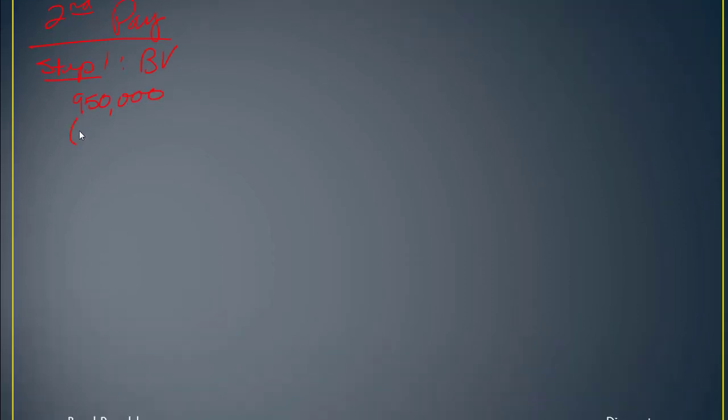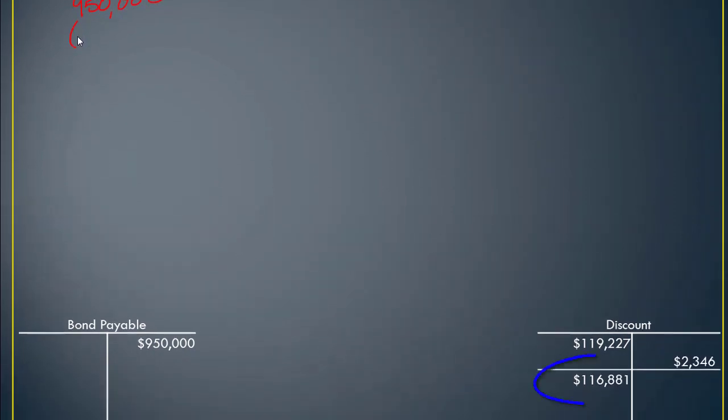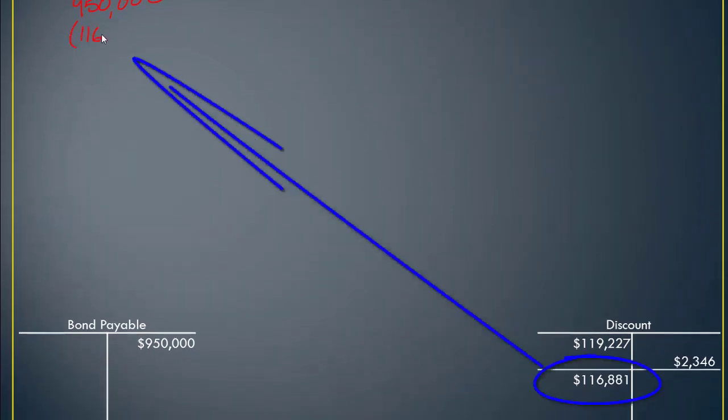Let's take a look at one more of these interest payments so that we can make sure we're comfortable with it. So our second payment, we go through the same steps. So step one is the book value. So $950,000 minus the discount, but the discount's not $119 anymore. We can see down here it's $116,881.